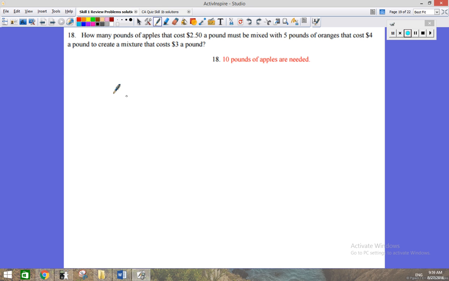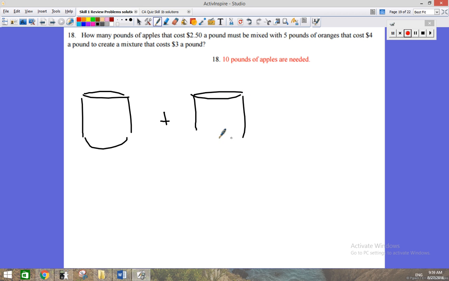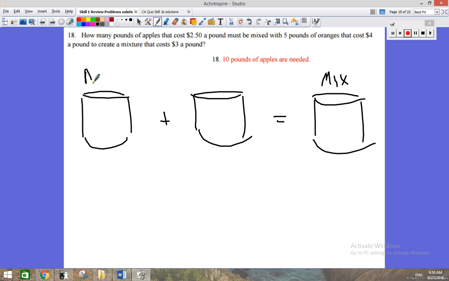So we have another mixture problem. We've got apples and oranges, and we're creating a mixture. So here's my apples. Here's my container of oranges. And when we add them together, there's my mixture. So there's the apples and the oranges.